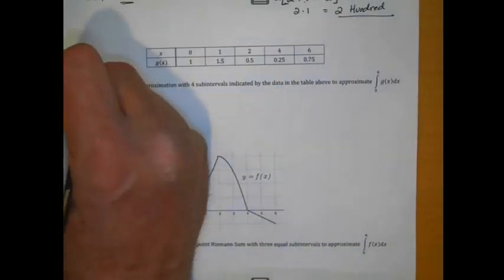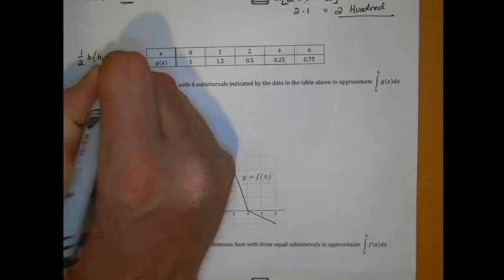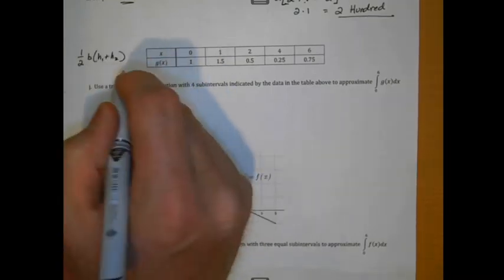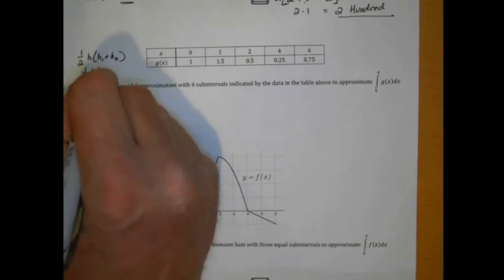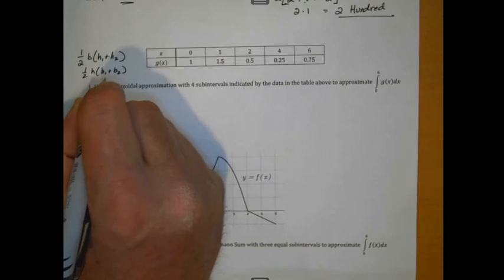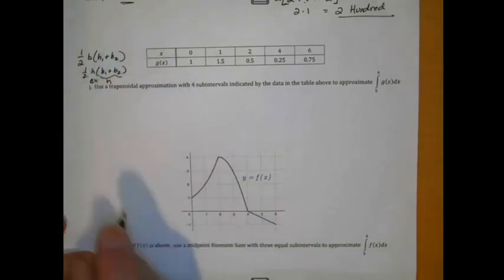So trapezoid is 1/2 base times height 1 plus height 2. Actually, I think I messed that up. That's 1/2 height times base 1 plus base 2. It doesn't matter. But these are our heights, and this is your delta x. That's your width.